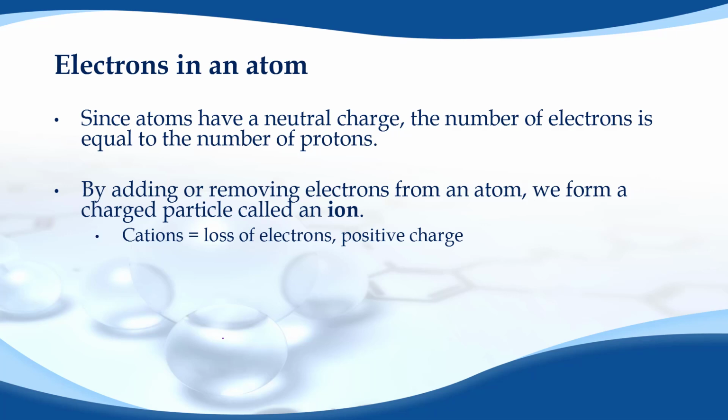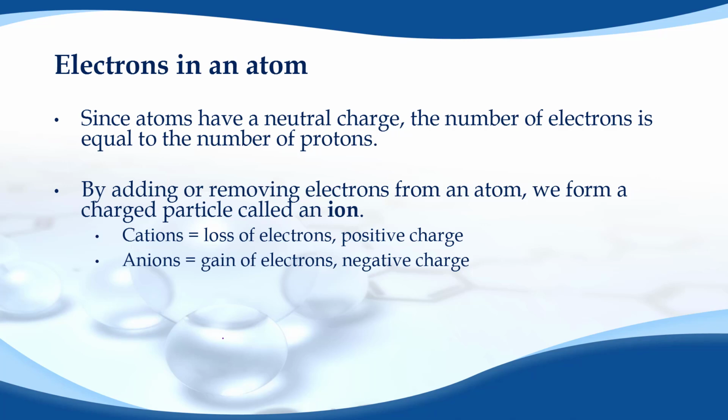Cations come from the phrase cathode, which is a terminal on a battery. The other terminal on a battery is called the anode, so we have what's called an anion. That's gaining electrons. That means that it's going to have a negative charge. Now again, leave a little bit of room under these because I'm going to have the next two slides go over these in a little bit more detail.